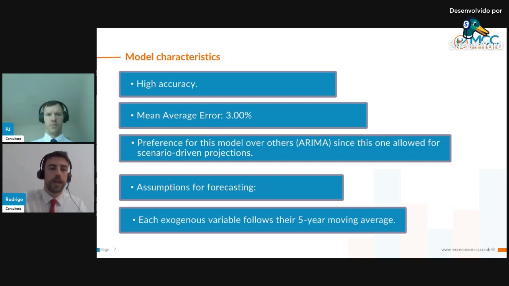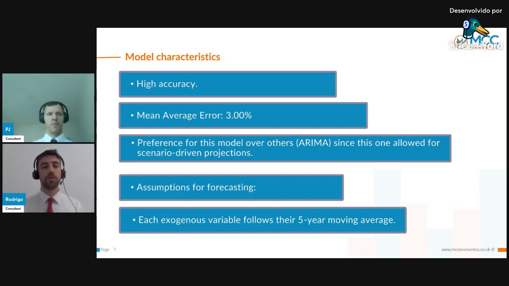That's also a possibility that we do take into account when we try our models. So it doesn't necessarily mean that this is the best assumption for all the exogenous variables.